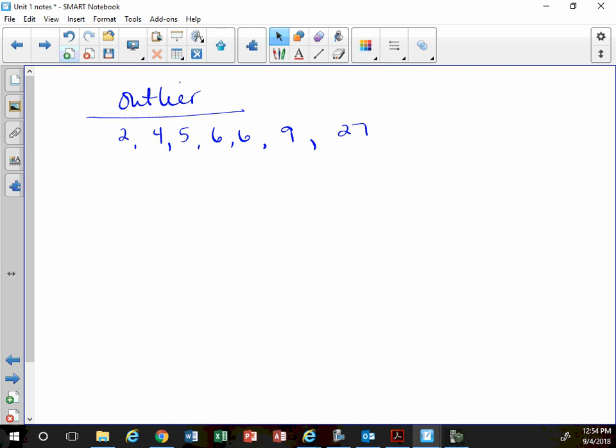We need to know what our Q1 equals and what our Q3 equals. Remember where to find those?